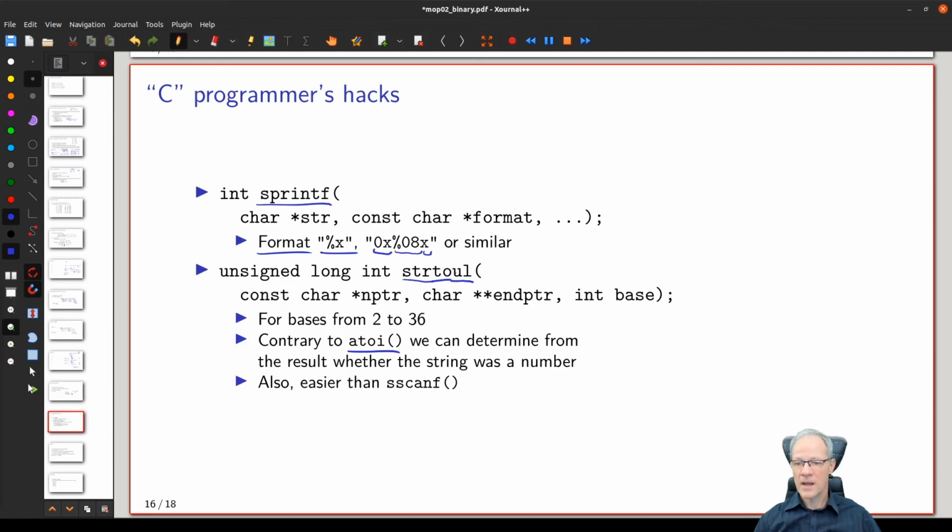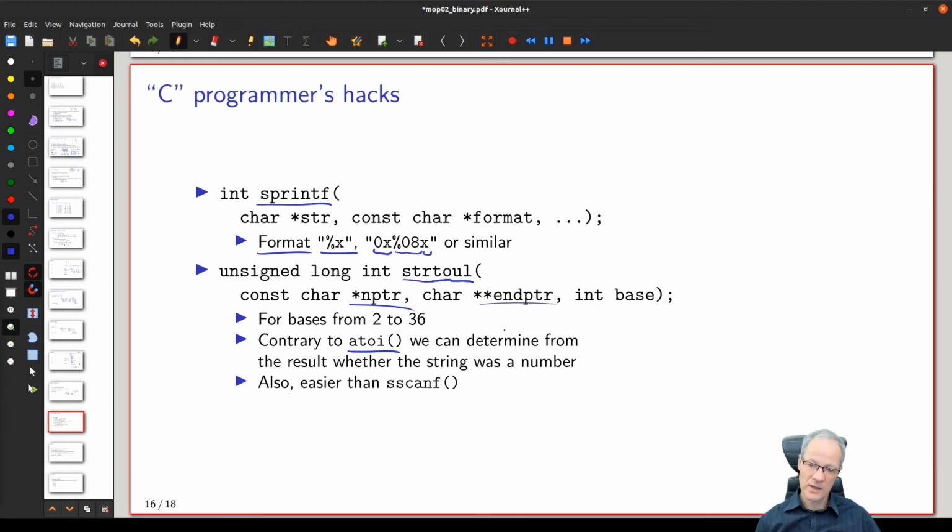And the parameters for this function are basically the string, the buffer, the number that we need to convert, the pointer to the actual buffer where we want to write, but to the end of the buffer apparently, right?